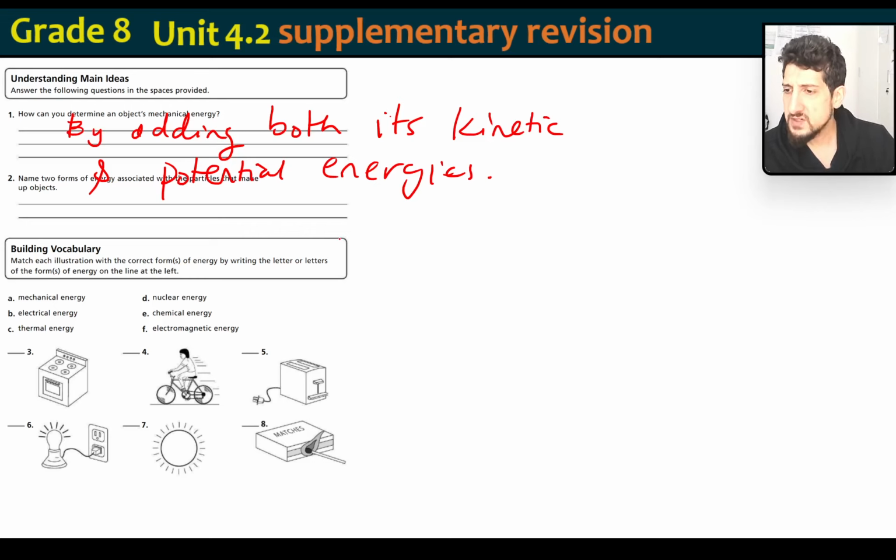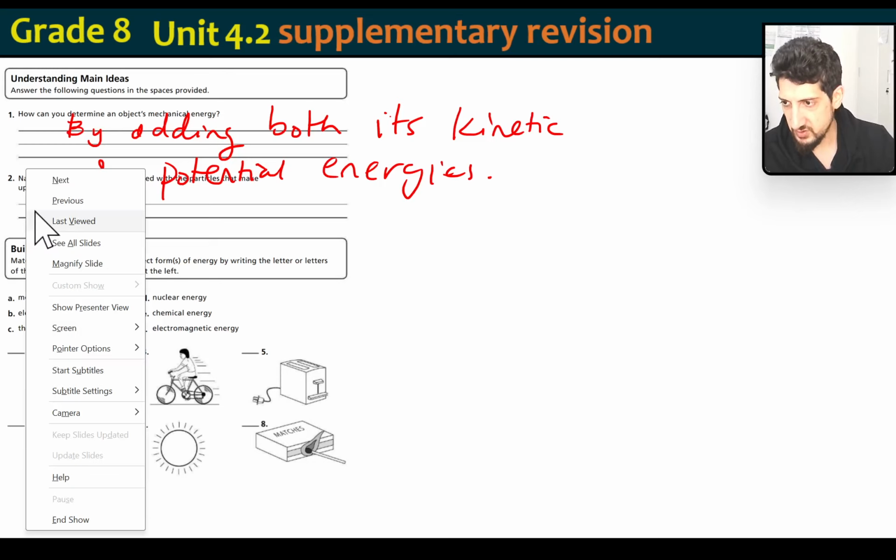What two forms of energy are associated with particles that make up objects? There are 5 types of energies associated with particles that make up objects, and those are nuclear, electrical, thermal, chemical, and electromagnetic. So I'll just write all of them.